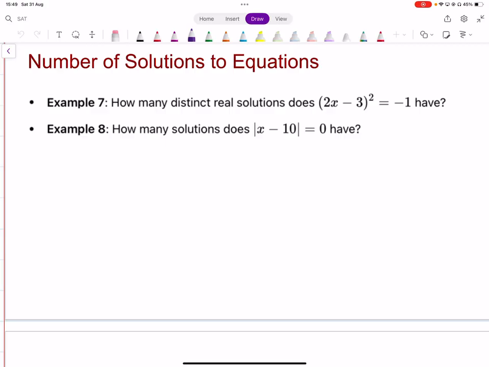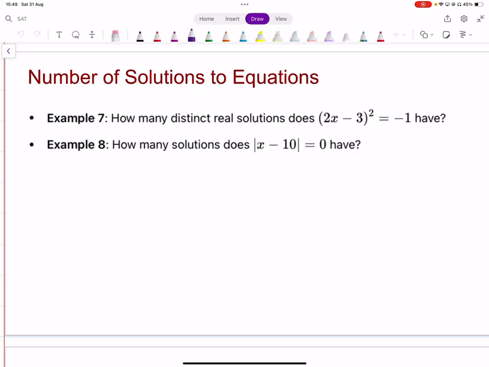Number of solutions to equations. We talked about this briefly before as well. We talked about having no solutions, one solution, or infinitely many solutions, right? But sometimes you have some other type of function and they ask you for the number of solutions. How do you figure that out? If you have this equation, for instance, how many solutions does this equation have?